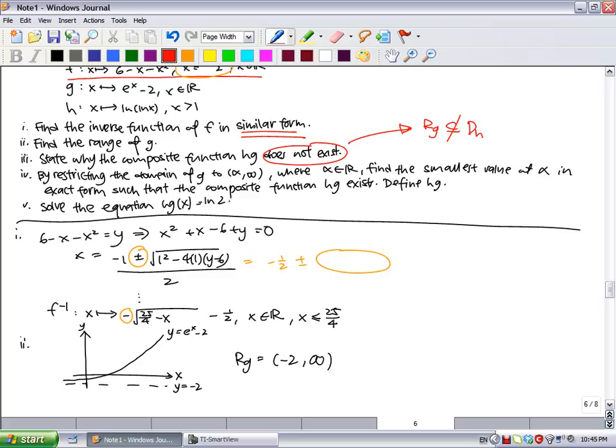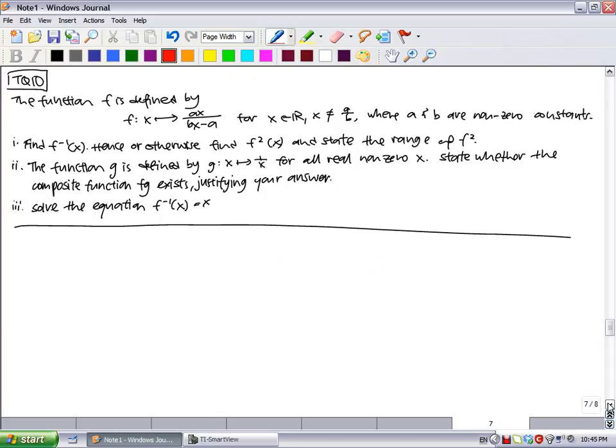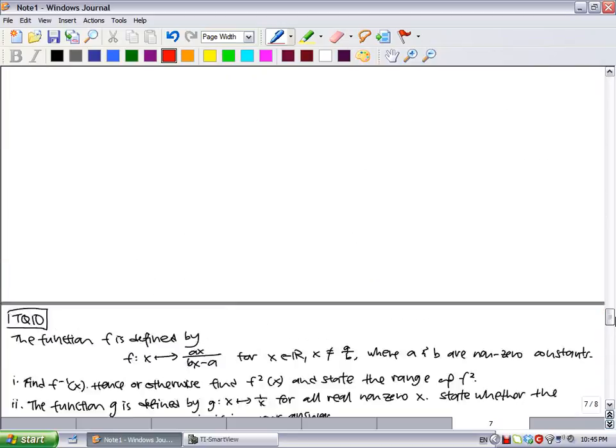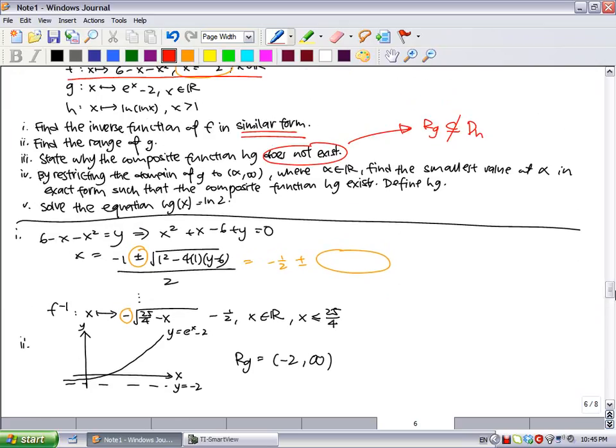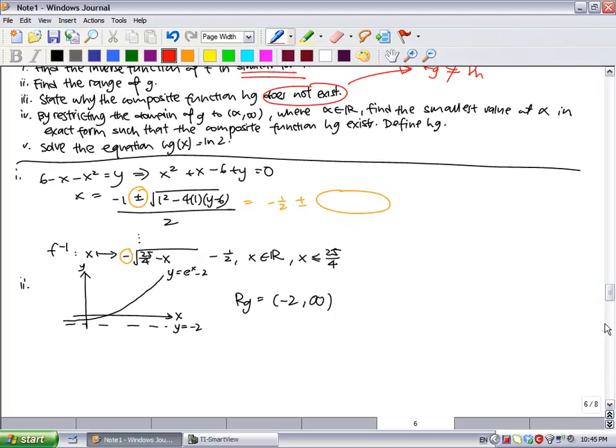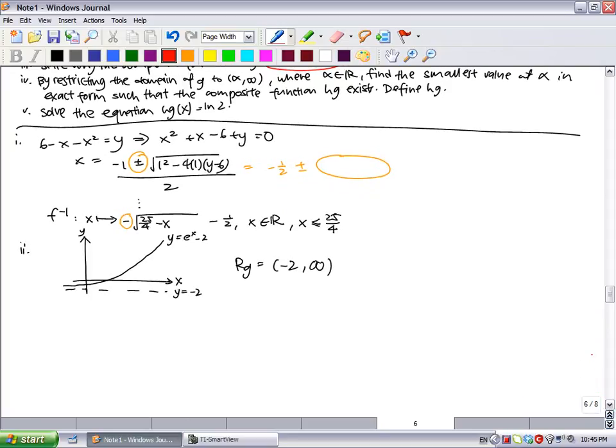Part 4. By restricting the domain of g to alpha to infinity, where alpha is in the set of real numbers, find the smallest value of alpha in exact form such that the composite function hg exists.